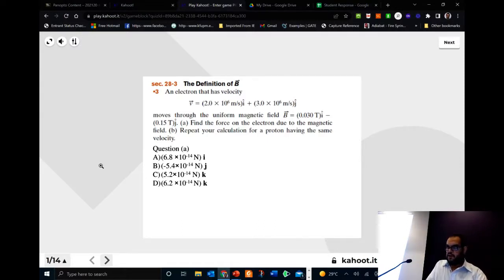So this is to verify that you can do vector cross product. This is very important for the coming part of this course. You have to be very good with the cross product.